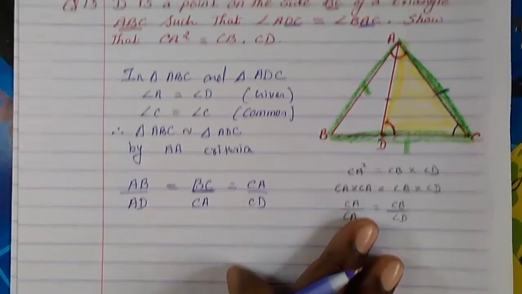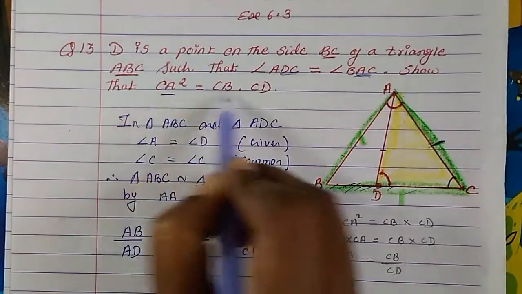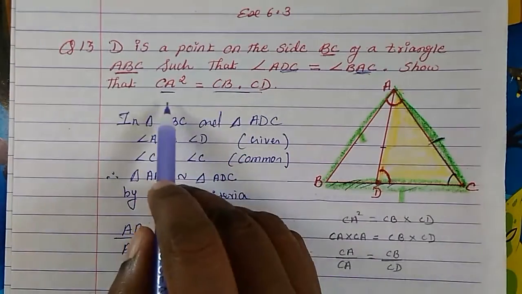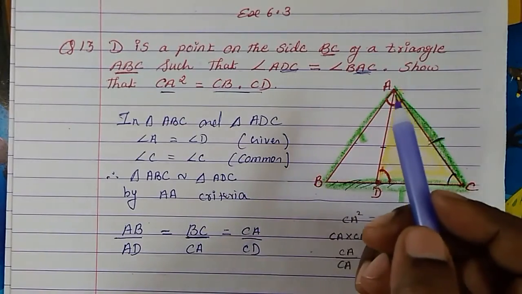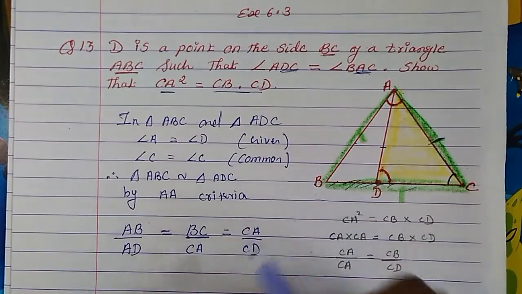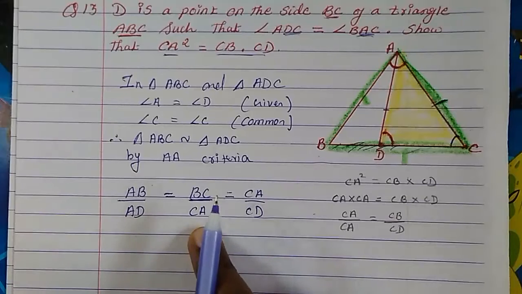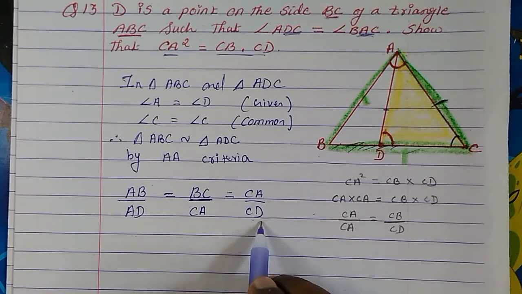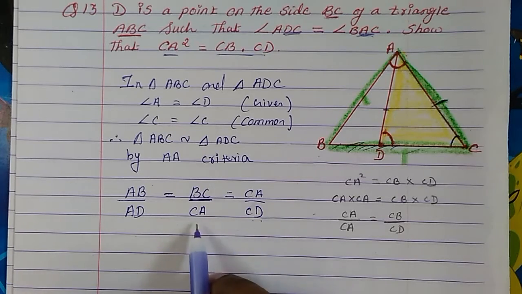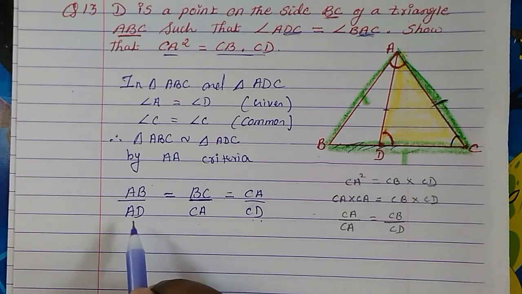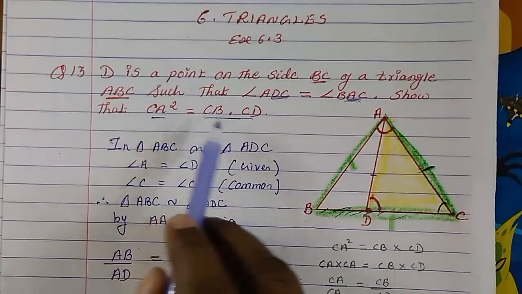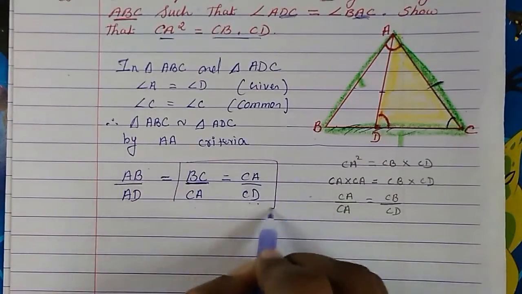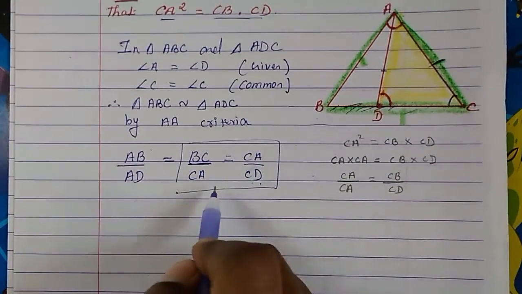Now from here we have to prove this. Here we have CA, CB, CD. We have CA and CD, but AB and AD, do you see them anywhere here? No. So we will take only these two sides.